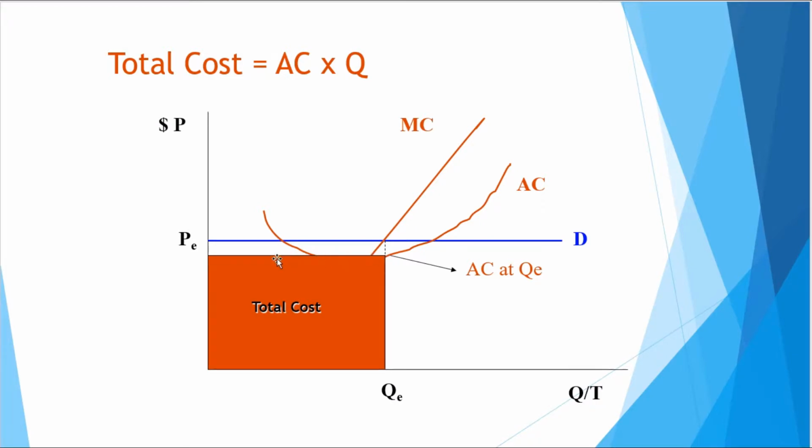If you extrapolate this and check the value on the price axis, it cost them somewhere less than $6. For the sake of simplicity, let's say it's $5. So the total cost in producing 60 units of output is 60 times 5, which is $300. This is their total cost of producing 60 units of output.